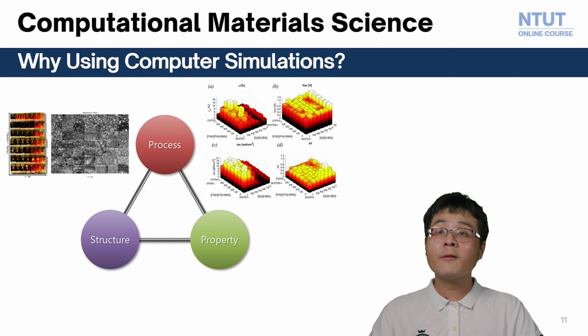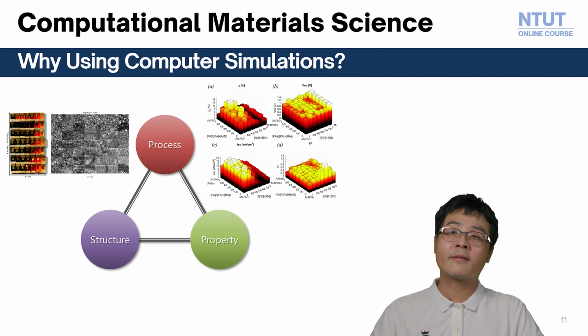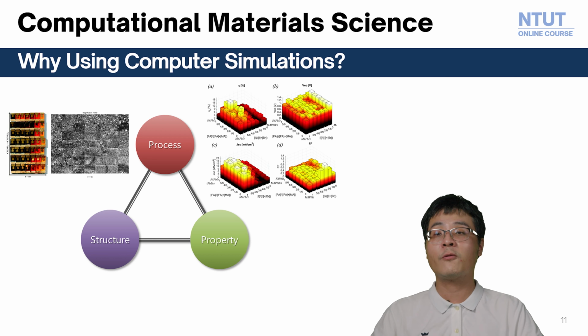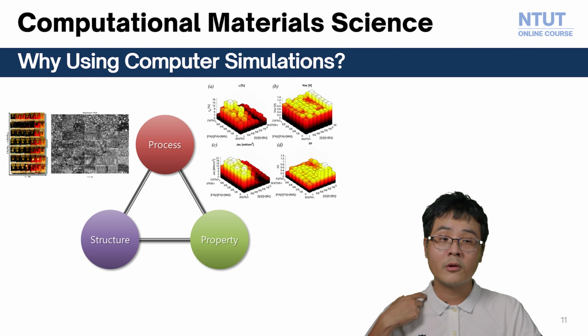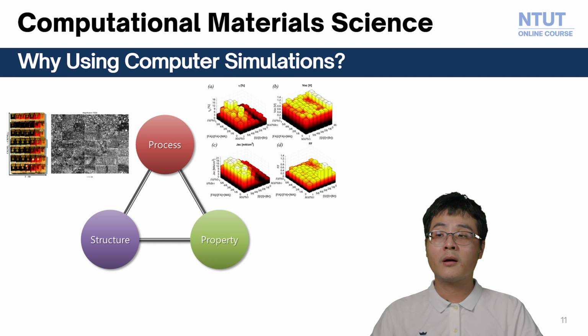So in the previous paper, they have shown the relationship between the process and the structure. They showed that different compositions of a perovskite material would give you a different morphology under the electron microscope in the lab.